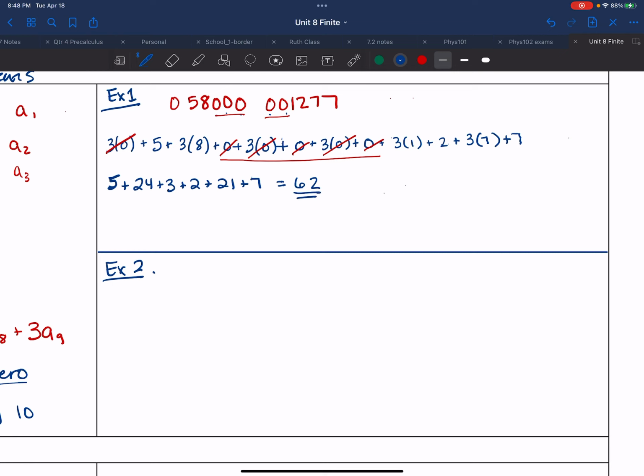So this includes all 12 numbers, 1, 2, 3, 4, 5, 6, 7, 8, 9, 10, 11, 12. Does it end in 0? No, right? We want this one right here should be 0. So this is going to be an incorrect or invalid code.